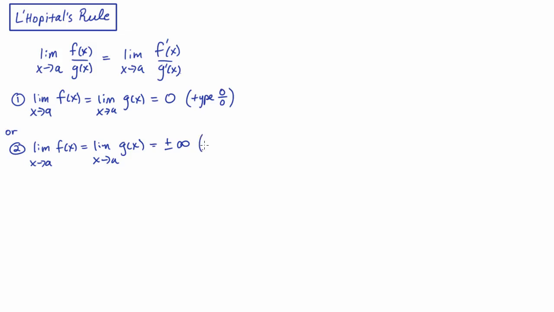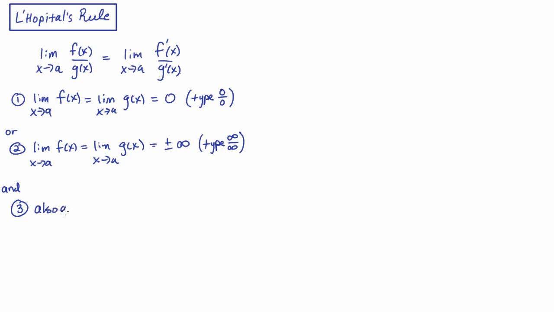In that case, we say that this is type infinity over infinity indeterminacy. Now, this is an either or, so f and g either have type 0 over 0 or type infinity over infinity, and in either case, 1 or 2, we can have the following restrictions on a.